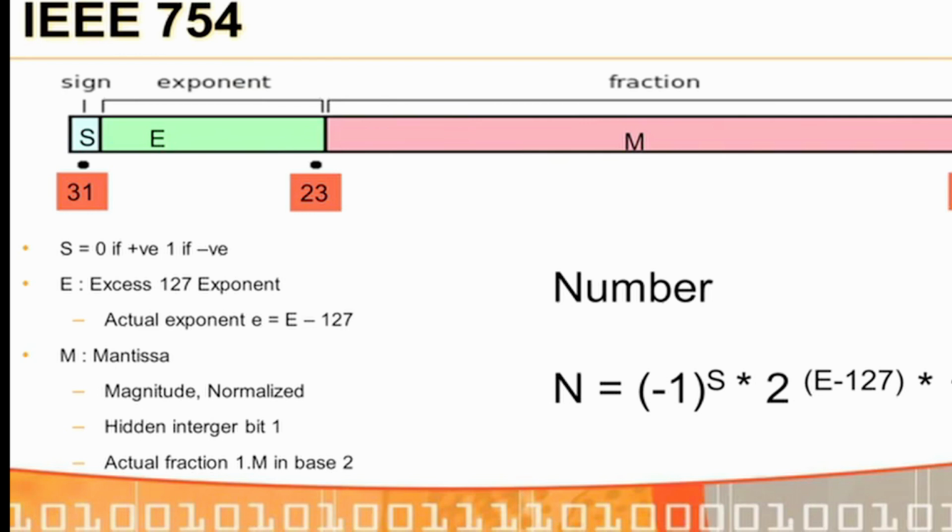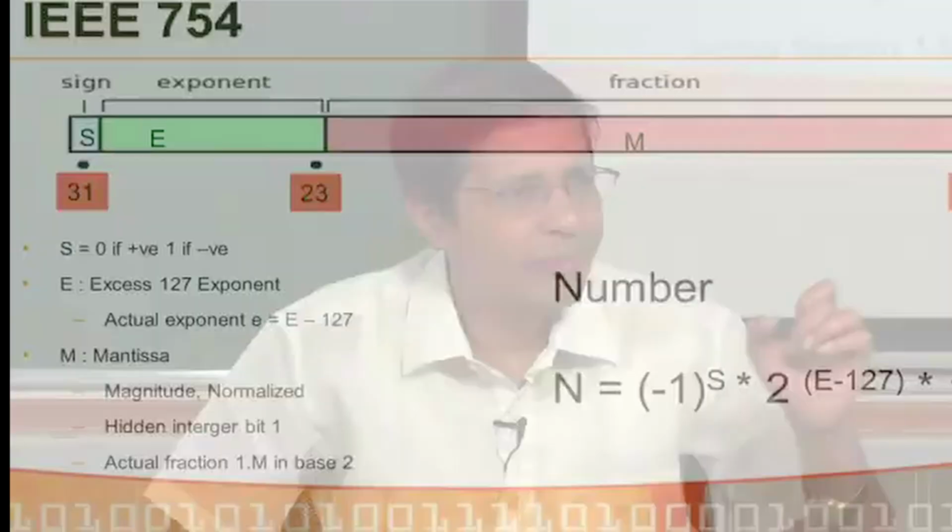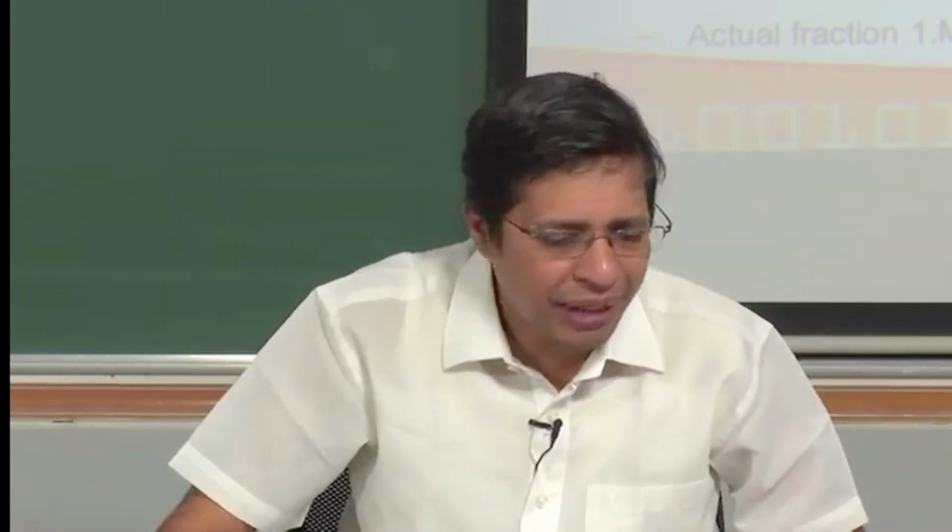And then how do you get the fraction? This is ones and zeros. So you make the fraction as 1.1101 or whatever. You don't store that 1. You store whatever is after that decimal point. So what would be the value of this?